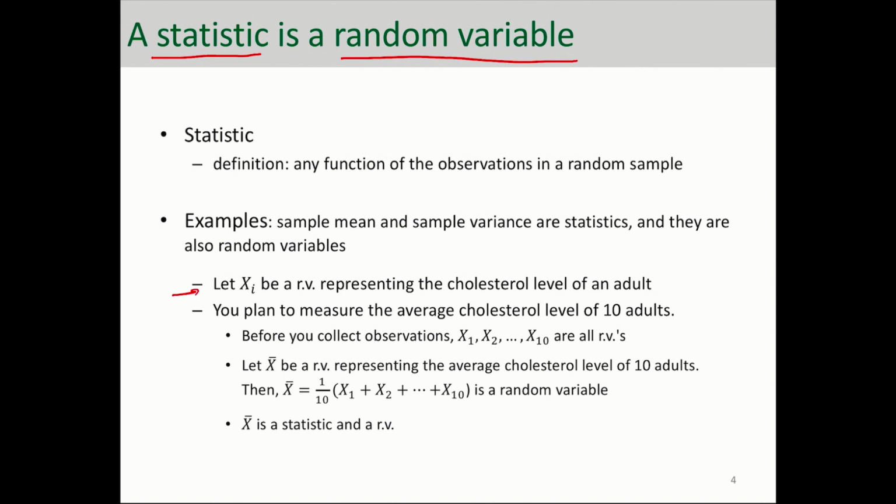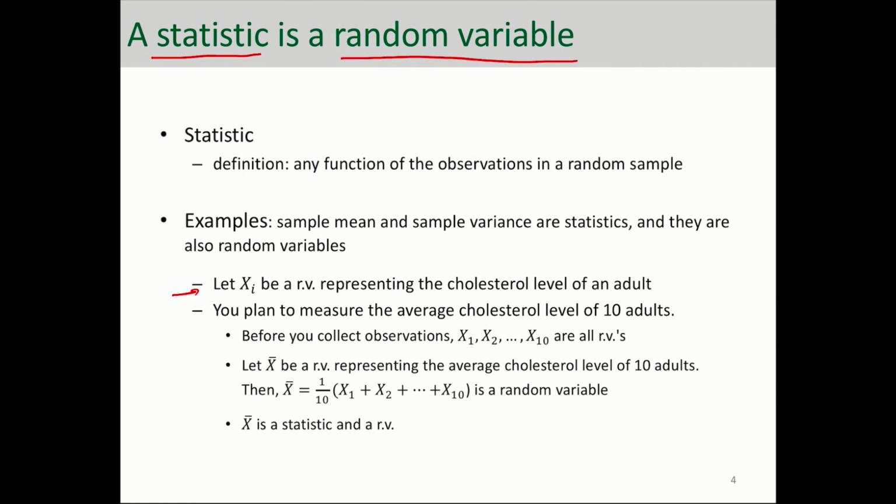Let's take this example. Let xi be a random variable representing the cholesterol level of an adult. You plan to measure the average cholesterol level of 10 adults. Basically, you're looking at x1 through x10, and each of them is a random variable because before you observe them, you don't know them.